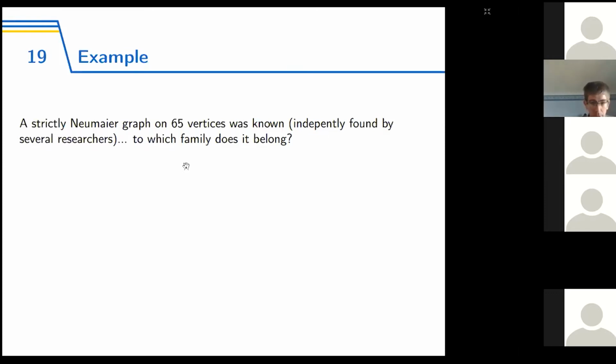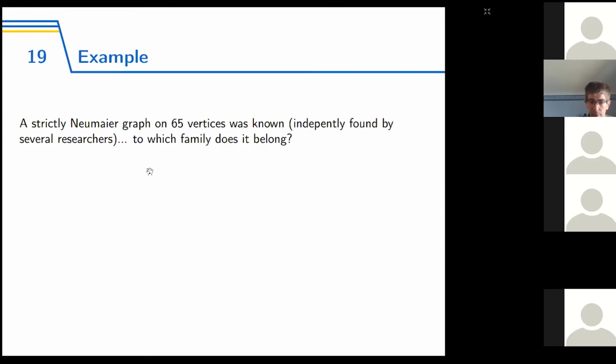You can find it by computer search, but you can immediately see it does not belong to any of the previous families, because the second Greaves-Koolen construction needs an even number of vertices, and the Evans-Goryainov-Panasenko construction has e a power of 2, but this thing has e equal to 1. And it definitely doesn't come from any of these distance regular antipodal graphs. So we're wondering, is this a sporadic example, or is there an infinite family behind it?